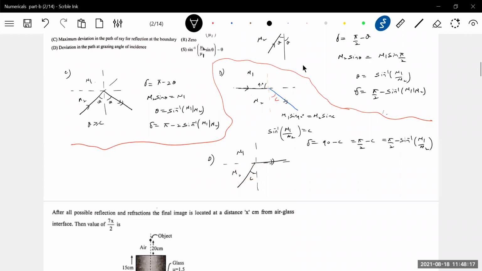That only I am showing in a different way here. This will be much easier if you want. The reverse of this, you think it. For grazing incidence, the emergent ray should be at critical angle. That I have shown in this way here.